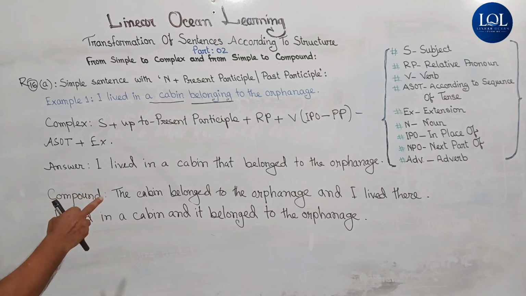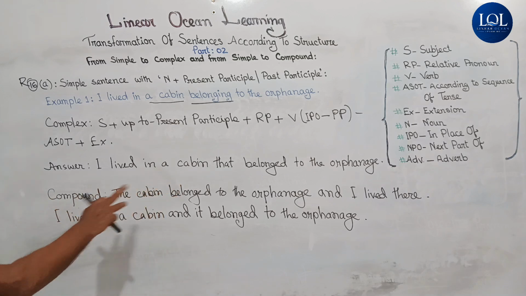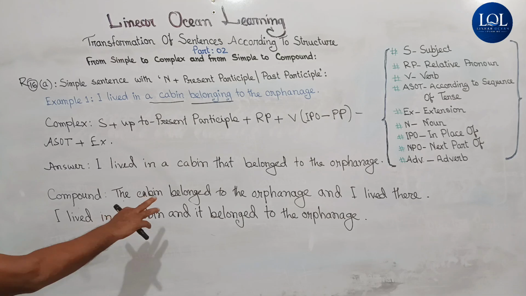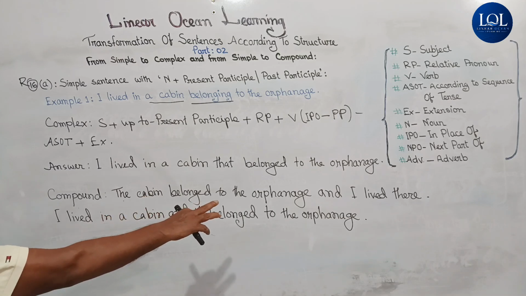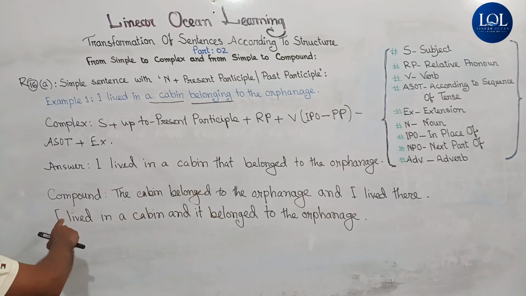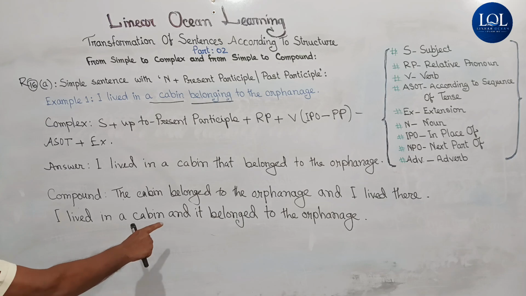So the complex is: I lived in a cabin that belonged to the orphanage, and its compound one is: the cabin belonged to the orphanage and I lived there; or, I lived in a cabin and it belonged to the orphanage.